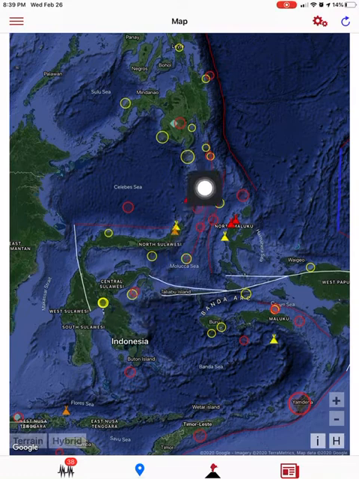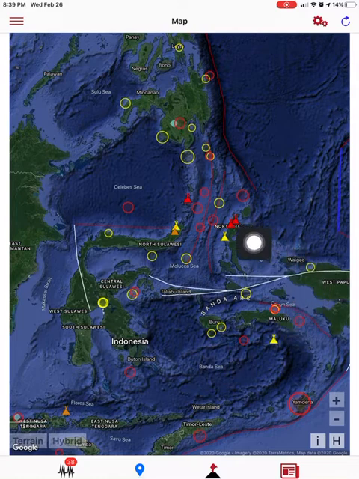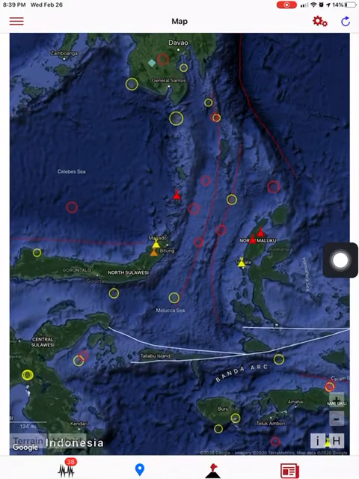And it doesn't take long. You saw it was like 5 kilometers or something like that. This whole area is lighting up, okay? So the more this area builds up, you're going to see that transfer of energy moving up towards the Philippines, okay? And that's why we're seeing this.